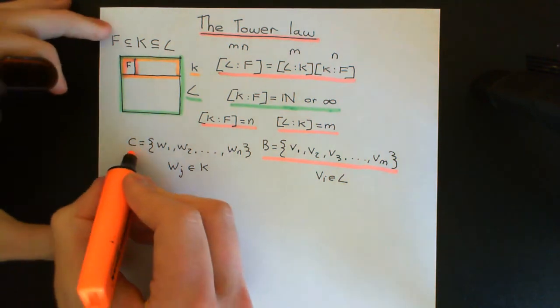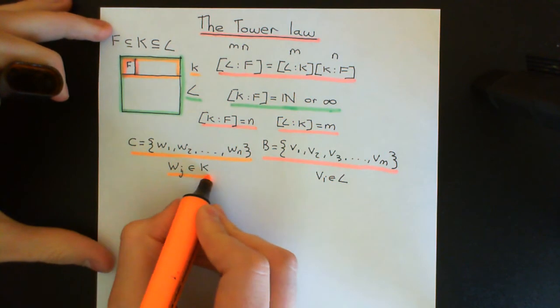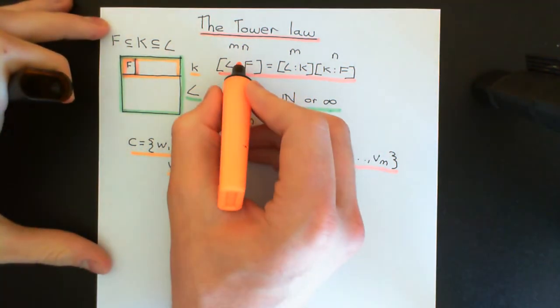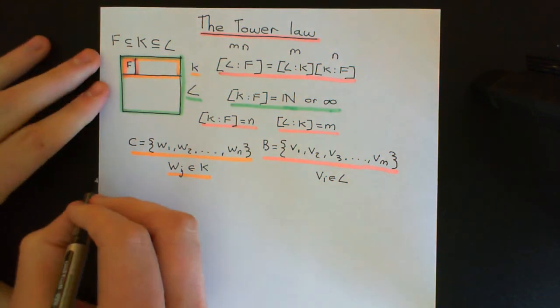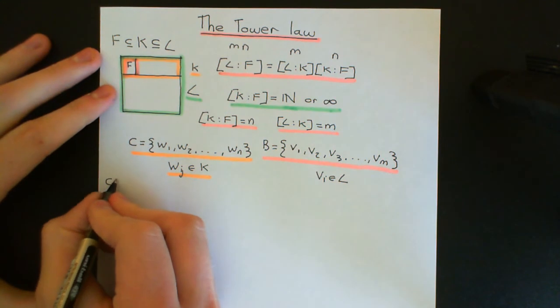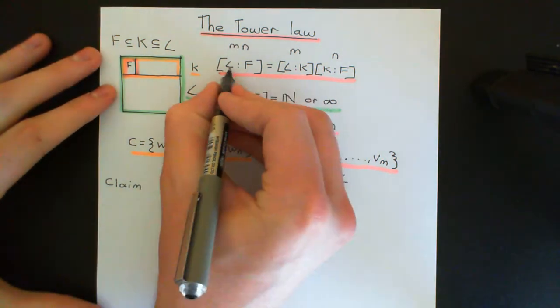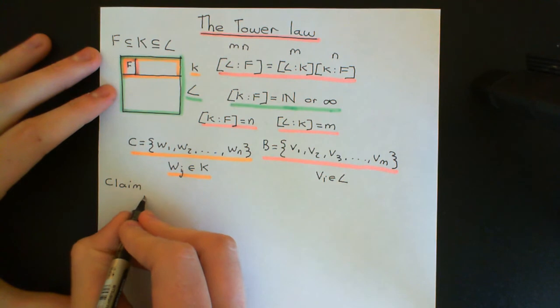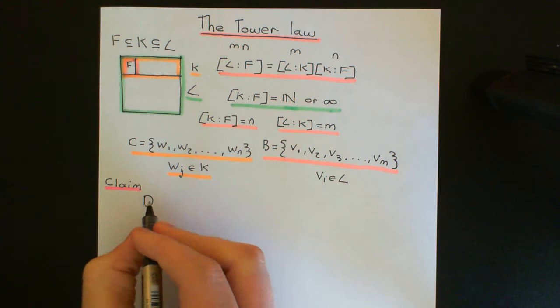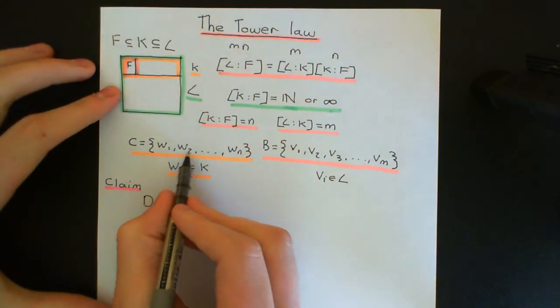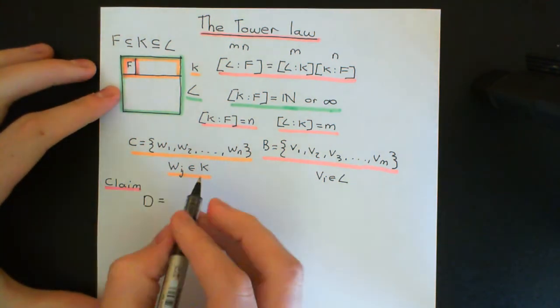Right, so I want to now show that the degree of L over F is equal to n times m. So I need to find a basis for the vector space L over F, which has m times n basis vectors in it. So here is my claim: a basis for L viewed as a vector space over F, which I will call D, just working my way down the alphabet, is the set that is going to contain every possible combination of one of these multiplied with one of these.